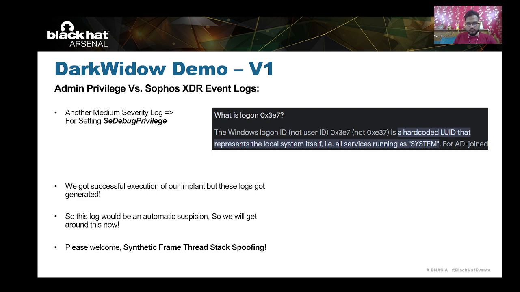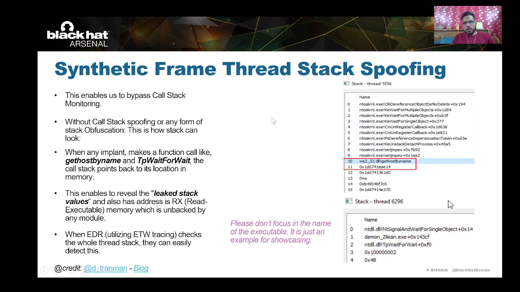To get around that, please welcome synthetic frame thread stack spoofing. Synthetic frame thread stack spoofing would enable us to bypass call stack monitoring. Without call stack monitoring or stack obfuscation, this is how the stack would look.